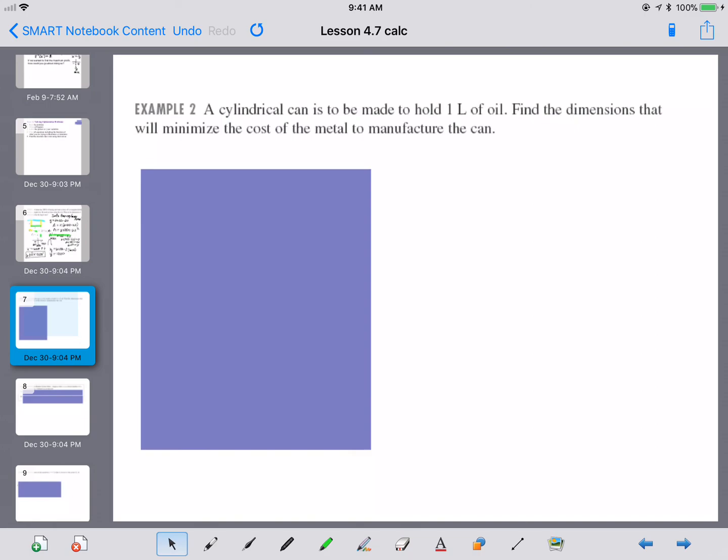So when you read this problem, remember you're going to get usually one piece of information that is a numerical piece of information, and then one piece of information that is going to be the equation kind of information you want. Now remember, 1 liter is the same as 1,000 milliliters.